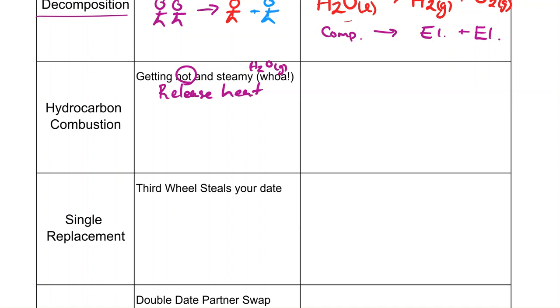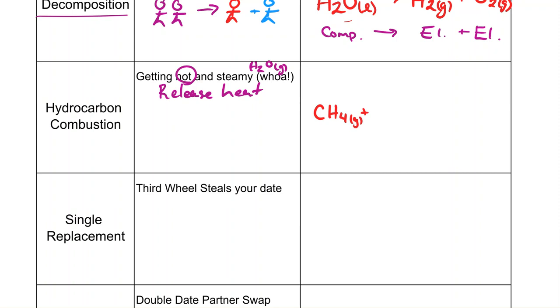So let's take one of the simplest hydrocarbons that we possibly can, and let's talk about methane. Hopefully you remember what methane is. Maybe you don't. That's okay. Methane is CH4.